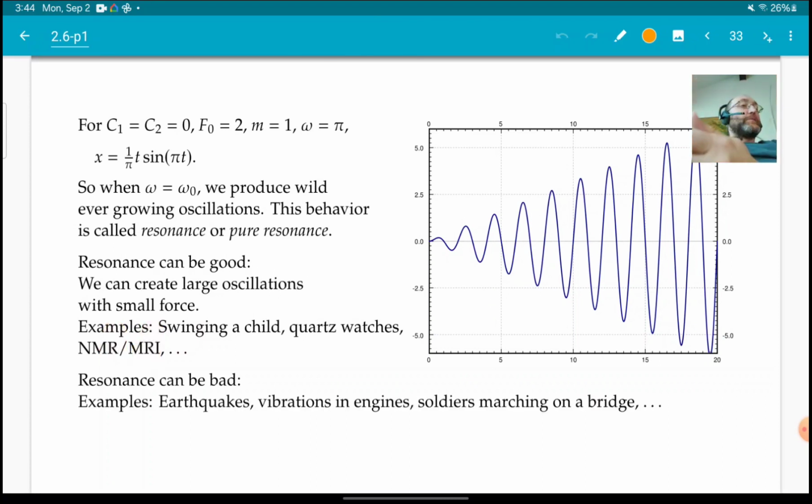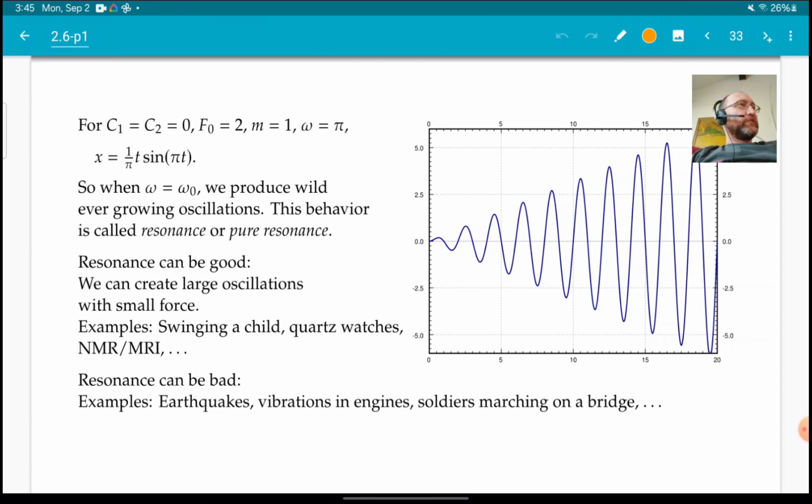But resonance can also be bad, right? For example, in earthquakes, if there's resonance in buildings, they can collapse, right? Because the earthquake might not have so much force in each oscillation of the earth, but if they're just at the right frequency, some building might collapse. And some other building right next door won't collapse because it didn't hit the right resonance frequencies. Vibrations in engines, that's another one.